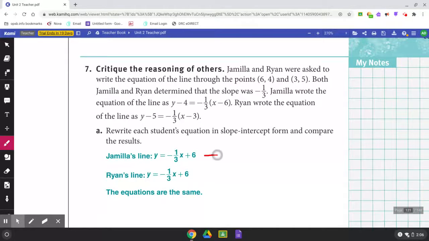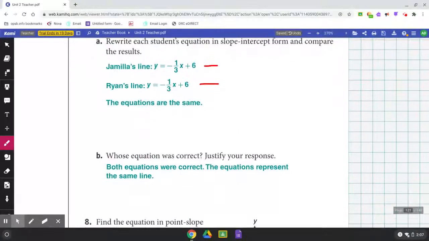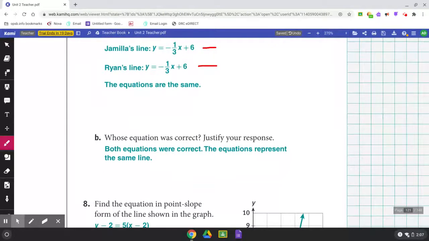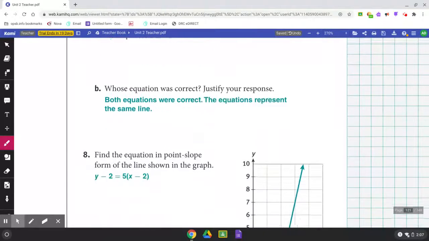So if you simplify both of their answers, you'll see that the equations written in slope-intercept form are the same. They are the same. The only difference is that Jamila used the point 6, 4 and Ryan used the point 3, 5. Whose equation was correct? Well, they were both correct because they represent the same line.